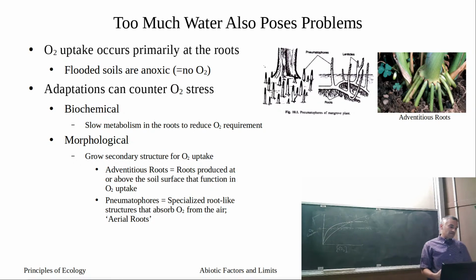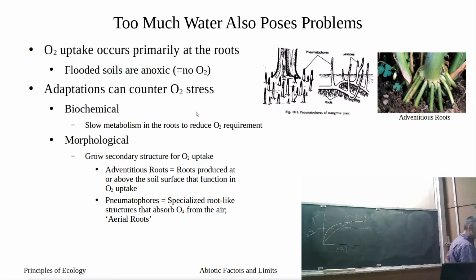They're not entering diapause. They're not developmentally arresting, but they are slowing their growth rates down drastically until conditions improve. So with the biochemical adaptation, some plants will do this, and that's to try to reduce their oxygen requirement.